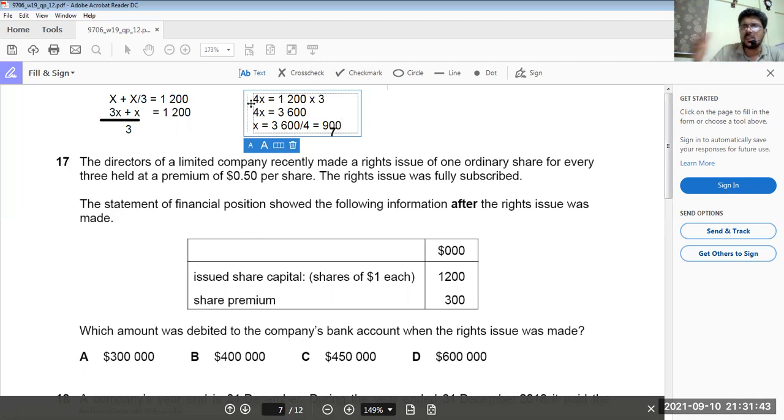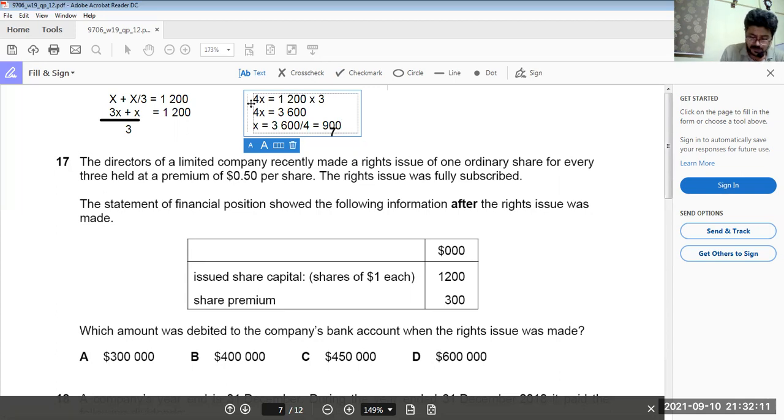So from 900 to 1,200, the difference is $300,000, and $300,000 is the rights issue. So $300,000 plus premium.